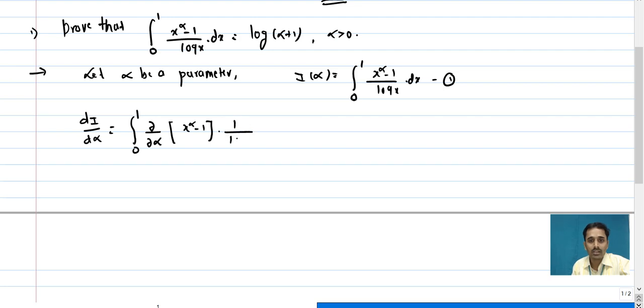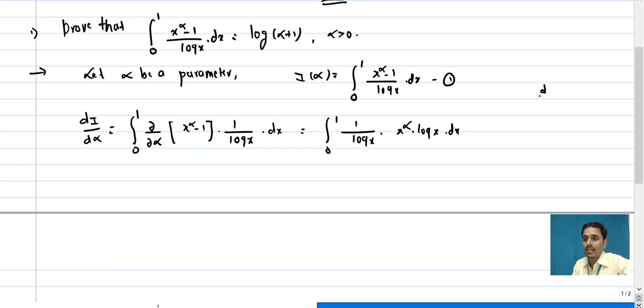The pure term of x, which is log x, is constant, that's why it is taken outside. Now treat alpha as a variable and differentiate this bracket with respect to alpha. It gives us the integral from 0 to 1 of 1 upon log x as it is, and the derivative of x raised to alpha is x raised to alpha into log x, dx.